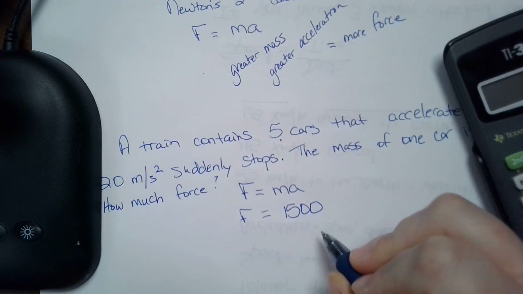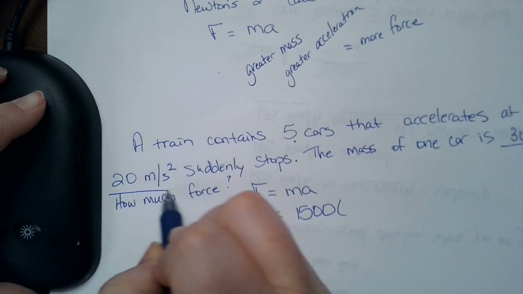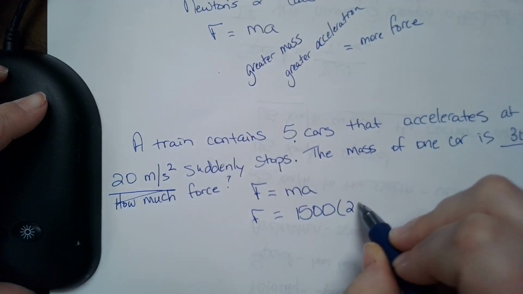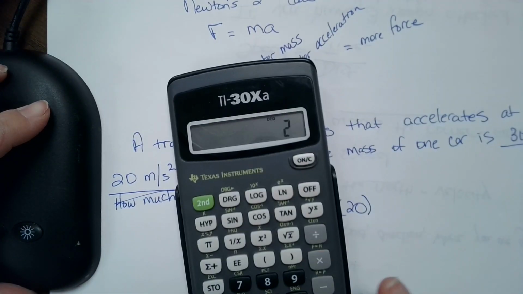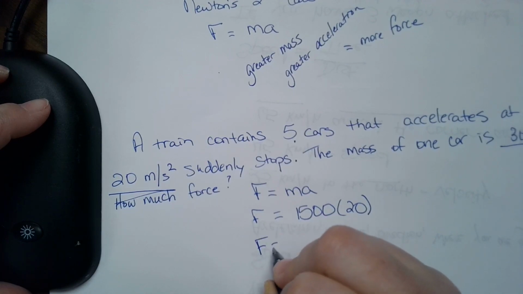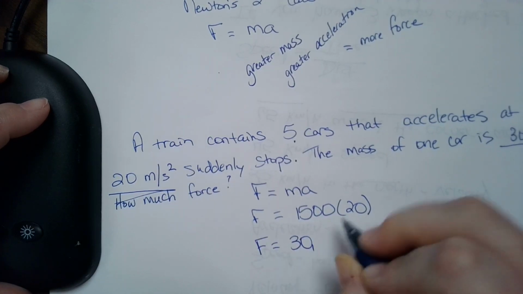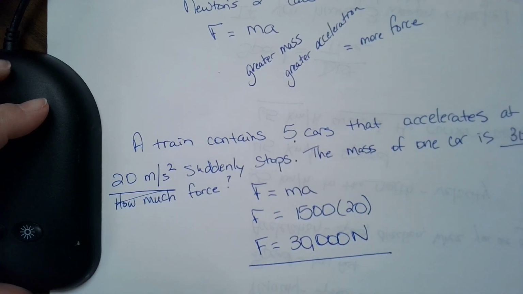So this is going to be 1,500 times 20 meters per second squared. So we take 1,500 times 20, which gives us 30,000. So our answer for this one would be 30,000 newtons. We would have 30,000 newtons of force.